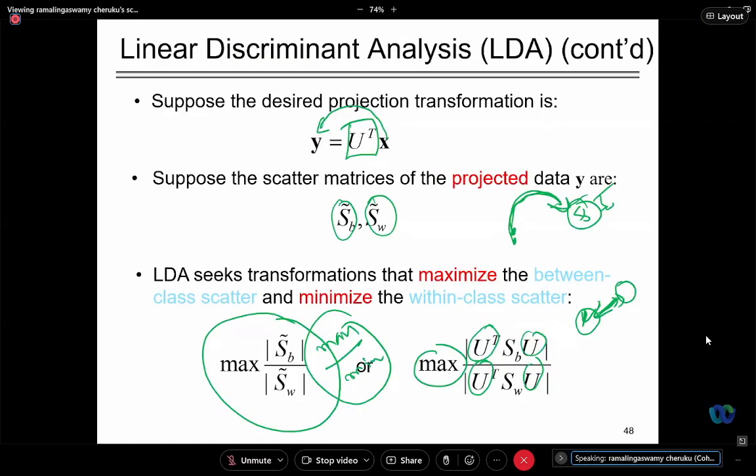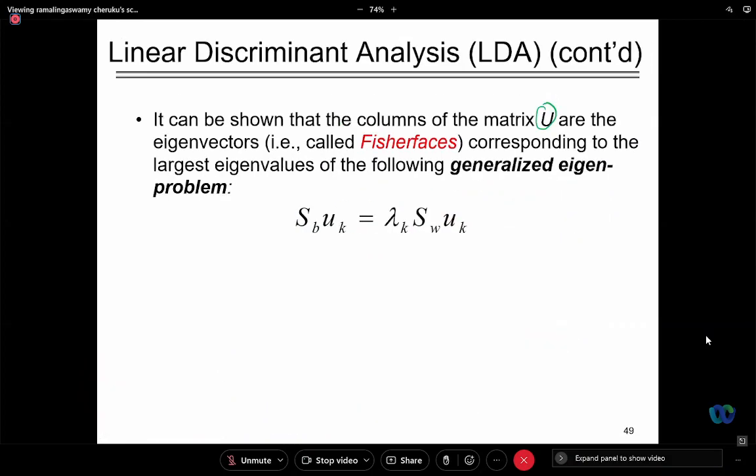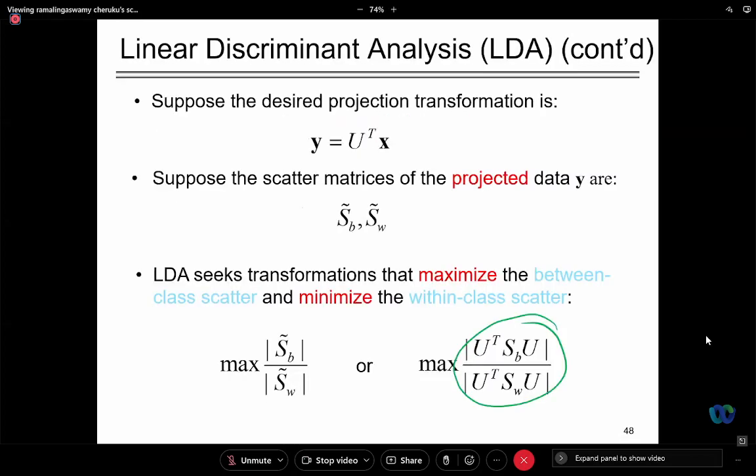Now if you look here, we are trying to maximize the same thing: this is SB tilde and this is SW tilde after the transform, while this is simple SB and this is simple SW. This is the transformed space, and this is the original space, before transformation.